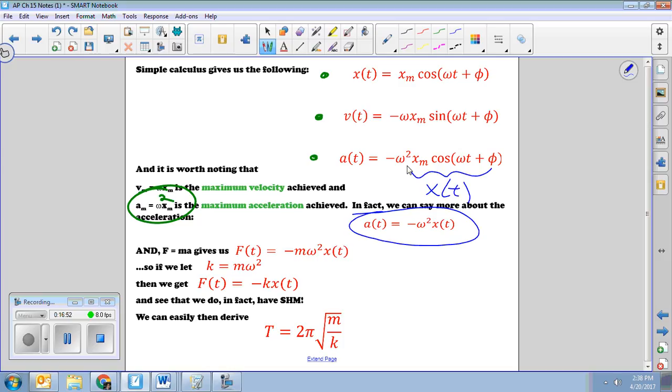That's the definition, okay? Now, remember you guys, our omega is a constant, right? And our mass is a constant. So if I write k as m times omega squared, then our force at a given time is negative some constant times the position at time t. So this is simple harmonic motion because now my force is proportional to the displacement.